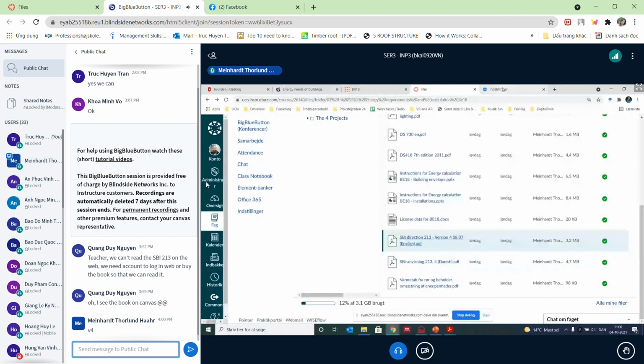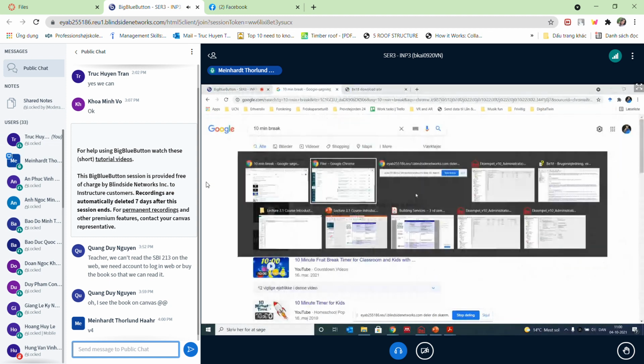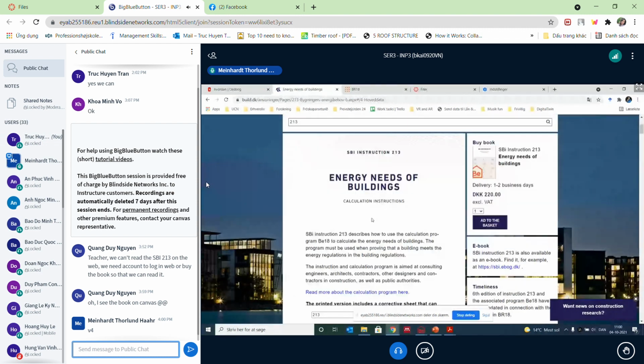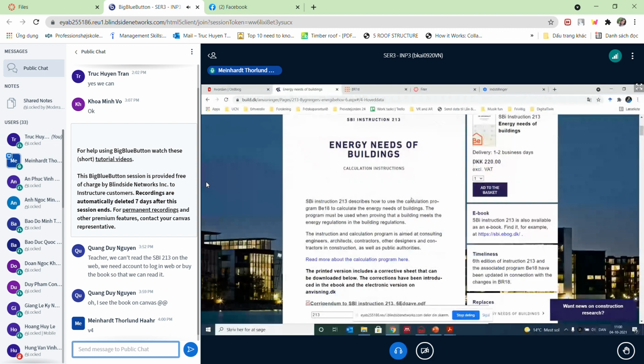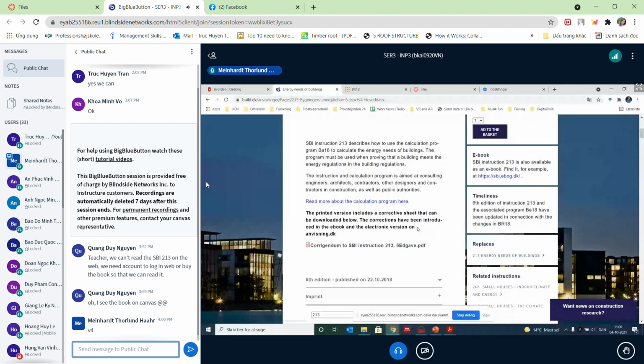But the one I found online, what was this version? Basically, what it means is that these are the updates, version 6.